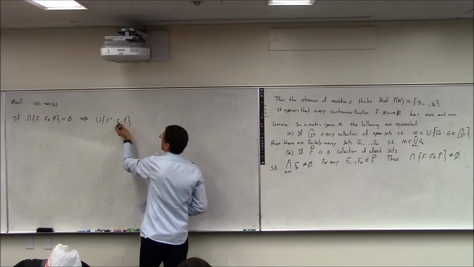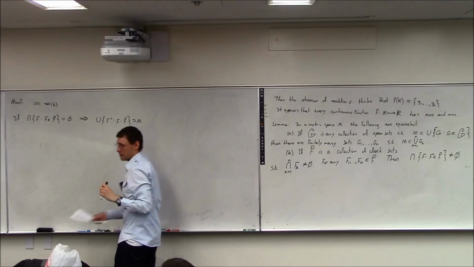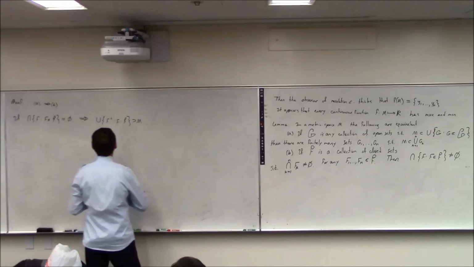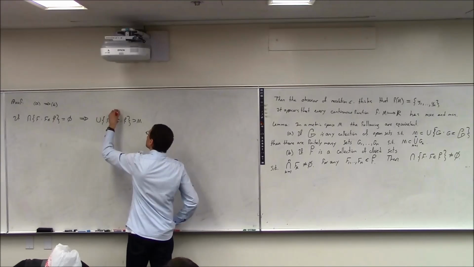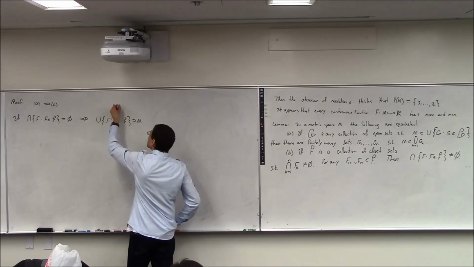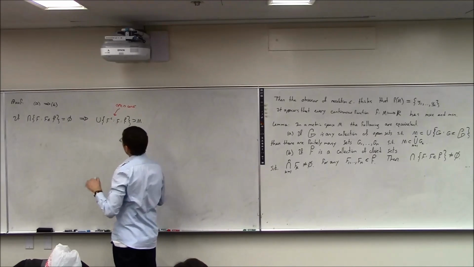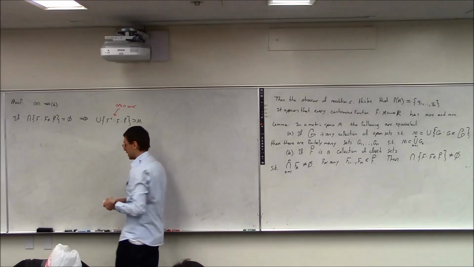It implies that this contains the set M, correct? Where now this is an open cover. So then we can take a finite subcover. By part A, we can take a finite subcover.